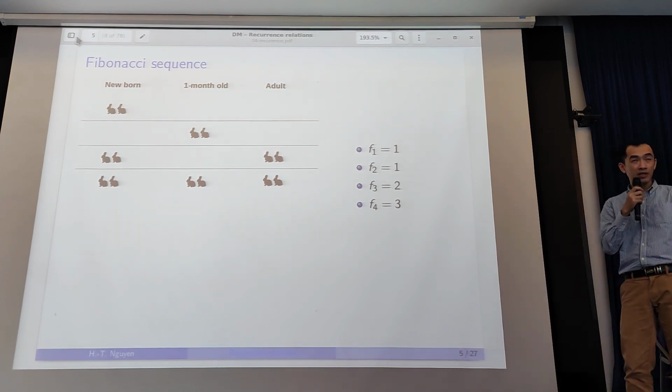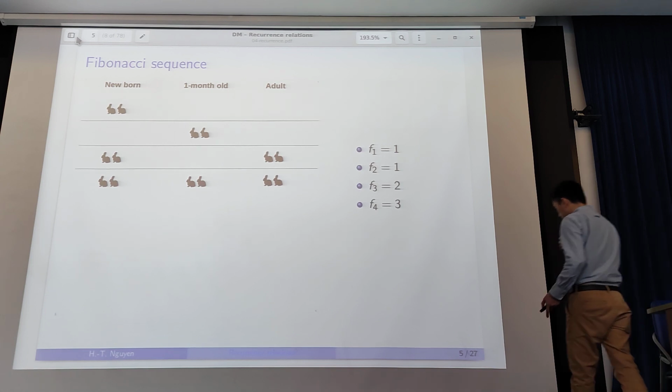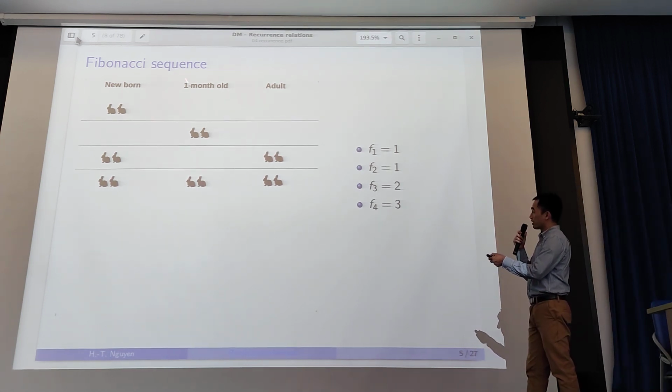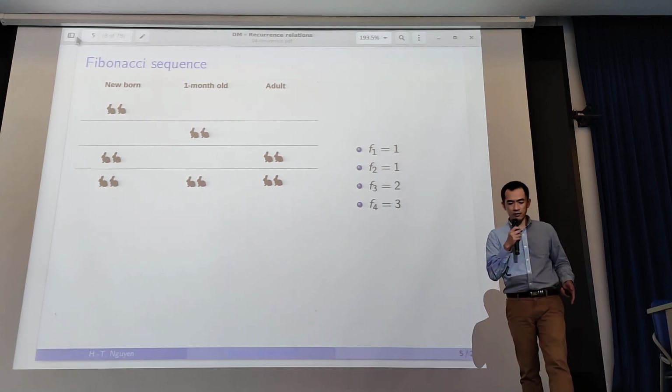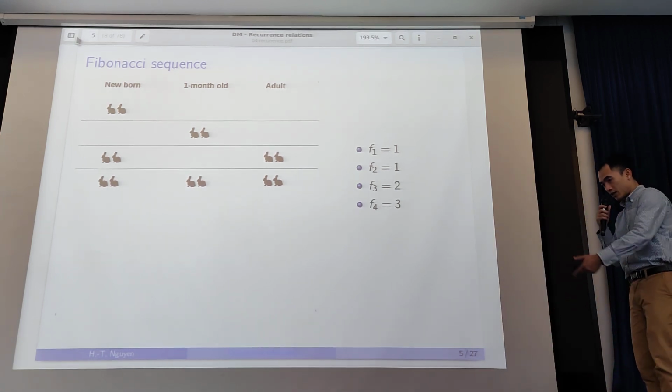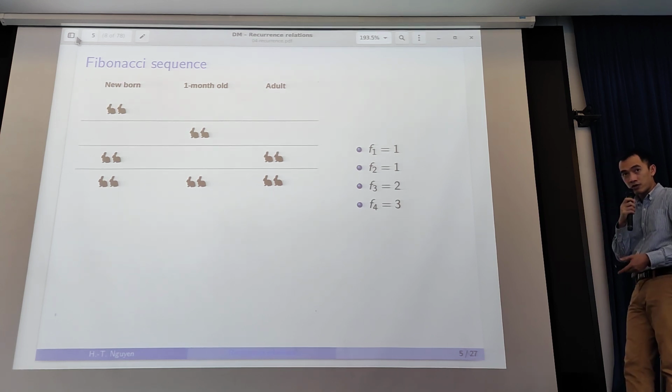Pay close attention, because if you don't distinguish the 3 categories of rabbits when you calculate the number, you will quickly get confused. It looks simple, but it is not trivial.